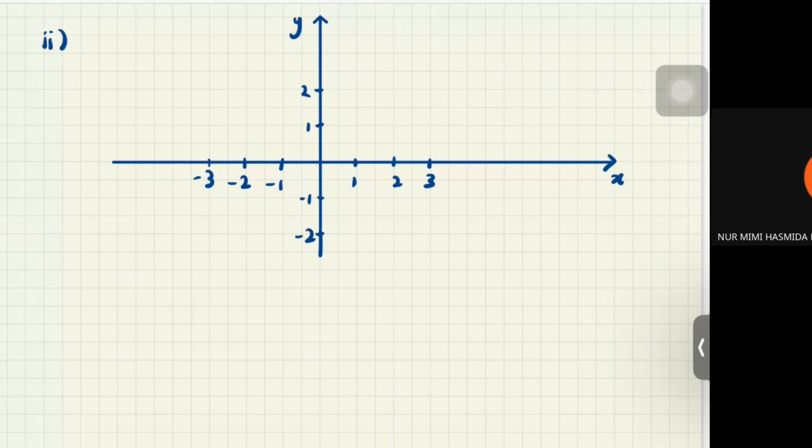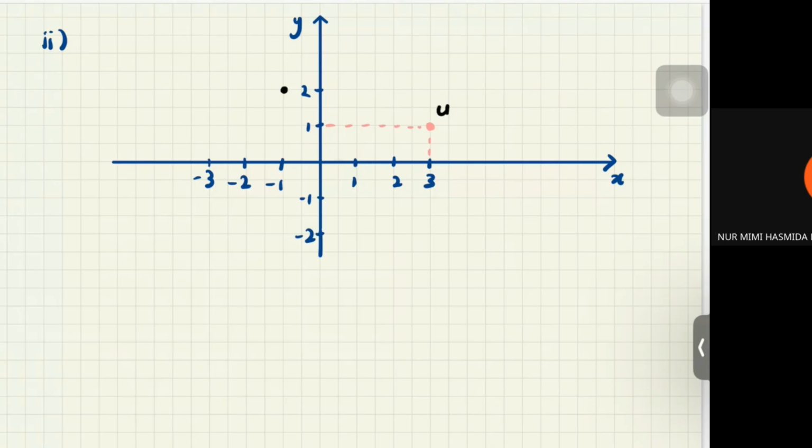Okay, label and then put the point U (3, 1). 3, 1 will be here. This is your U. And then V (-1, 2).